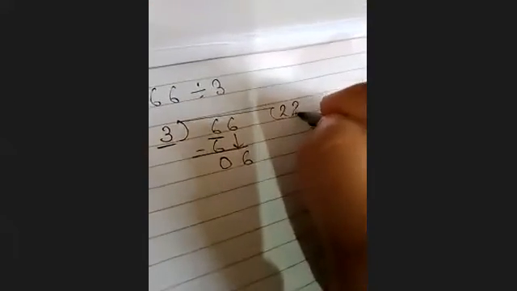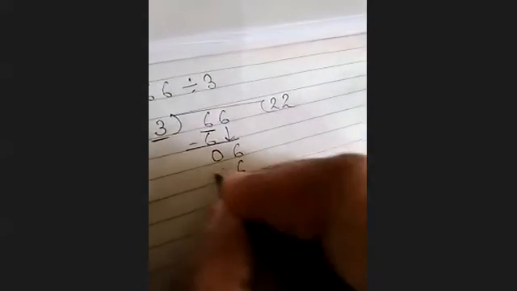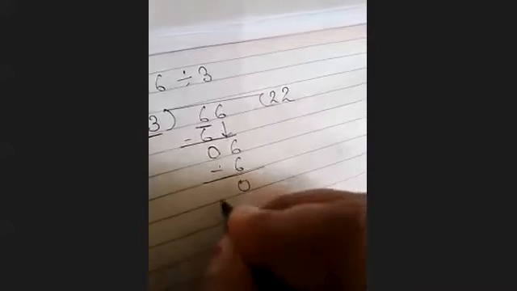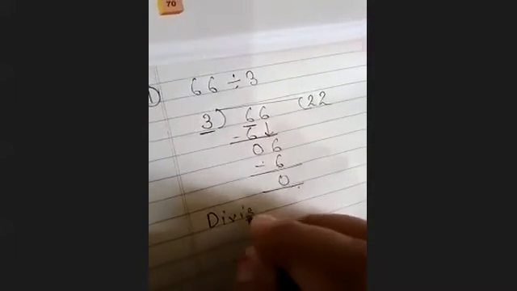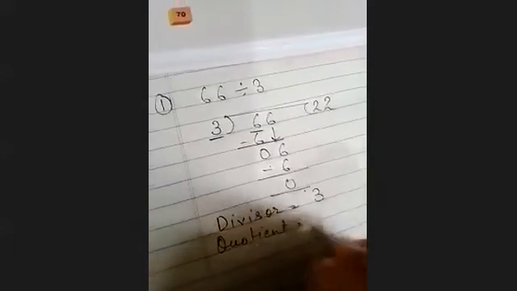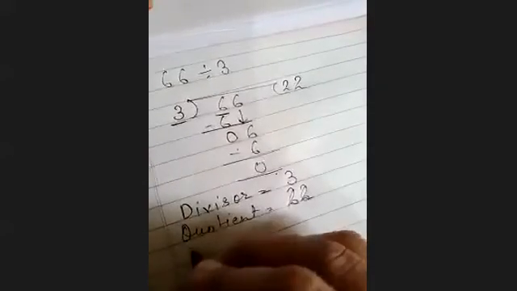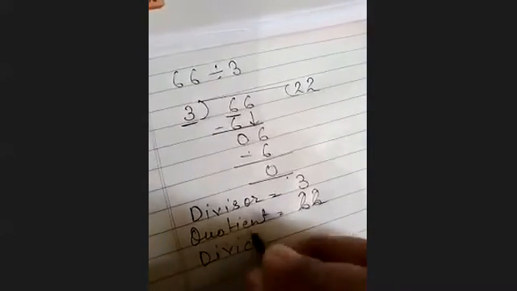Now again 3 twos are 6. What is the divisor? 3. What is the quotient? Ma'am, 22. Quotient will be 22. Dividend will be 66.